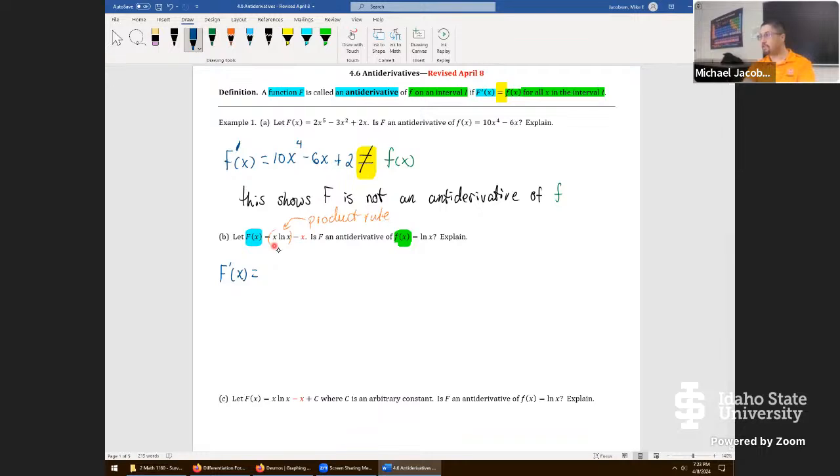The order I typically go is differentiate the first factor, x, multiply by natural log x, go plus, and take x, multiply by the derivative of natural log x. Then that takes care of the product rule portion. You still have to differentiate this part, negative x, but that would drop in as just a minus 1. So I did part of the derivative right here for this portion, and the rest of it is just the setup of the product rule.